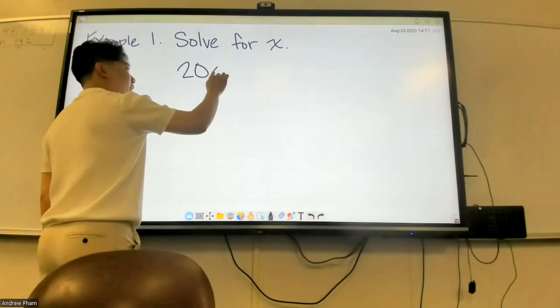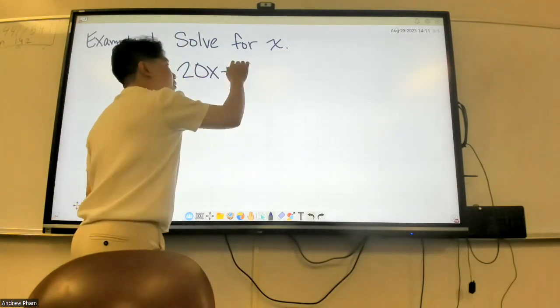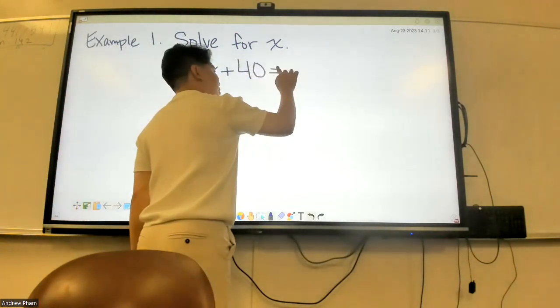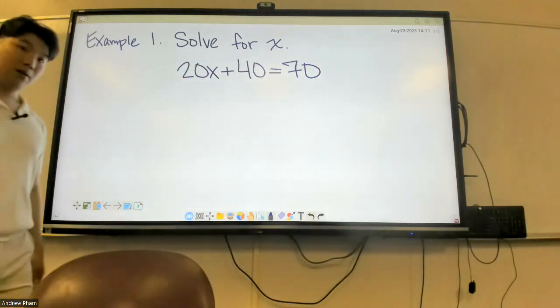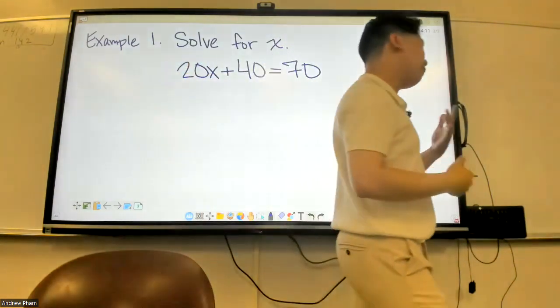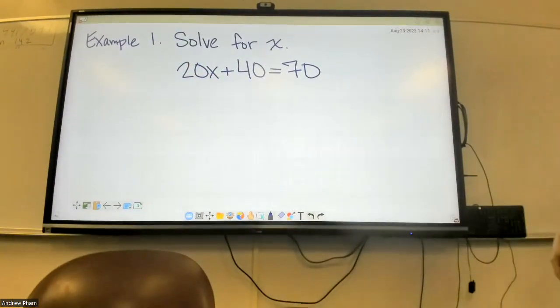Let's start off with 20x plus 40 is equal to 70. So here's our first example. Anytime I say the word solve for x, this is me saying I want x alone. I want my final answer to be x equal to whatever number. That's my end goal.